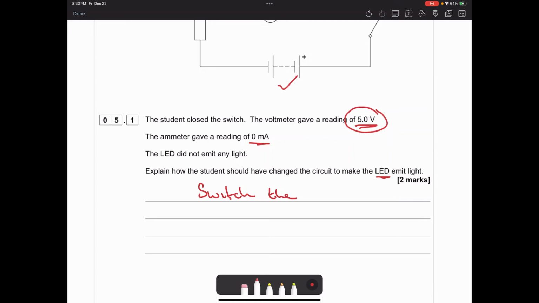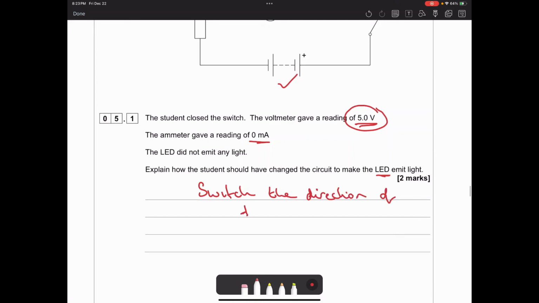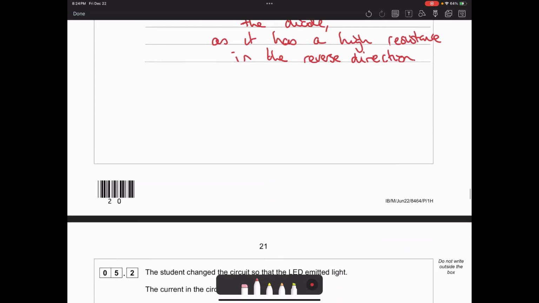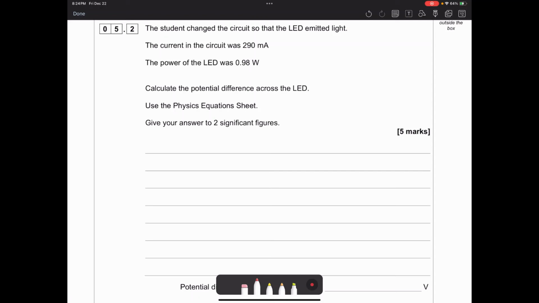Switch the direction of the diode, as it has a high resistance in the reverse direction. Okay, and that's it.